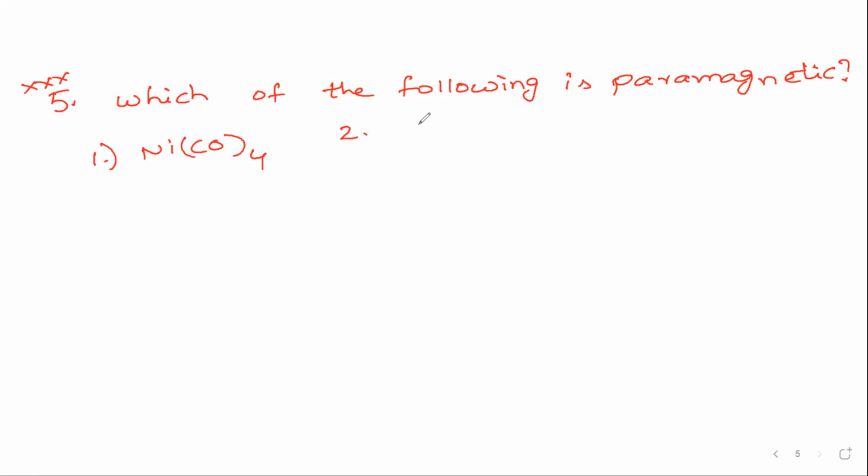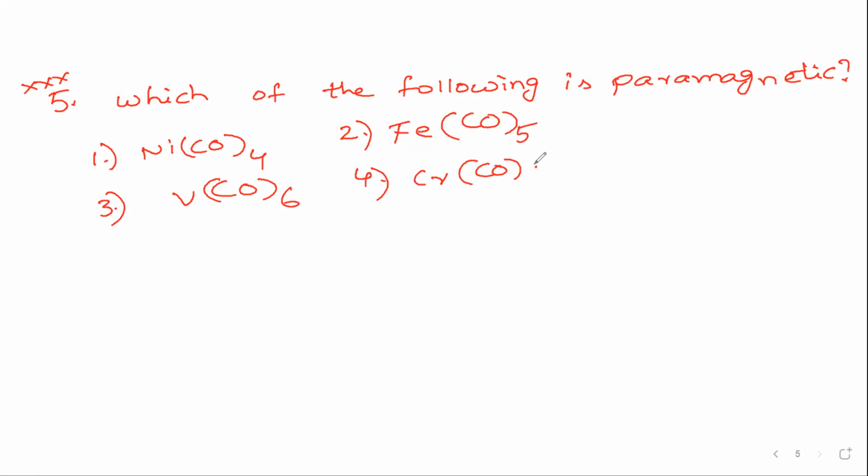Option 2 is iron tetracarbonyl. Option 3 is vanadium hexacarbonyl compound. And option 4 is chromium hexacarbonyl compound. So coordination number is 4, 5, 6, 6.